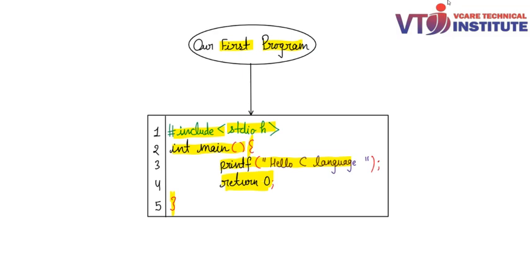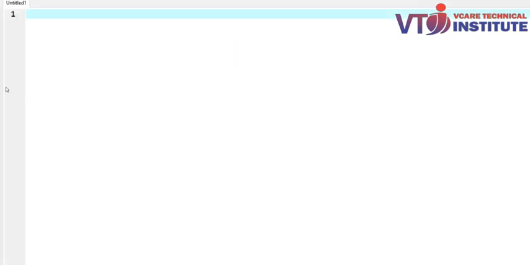Now in the previous slide, I talked about our first program. Now we know how to run our program. We have the compiler, and we have already installed Dev C++. So now let's make our first program in Dev C++. Let's open it. Of course, we have to follow the syntax.